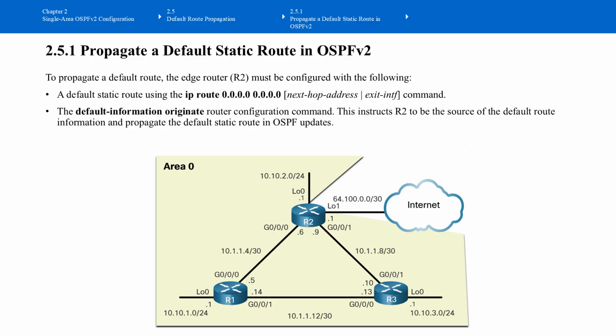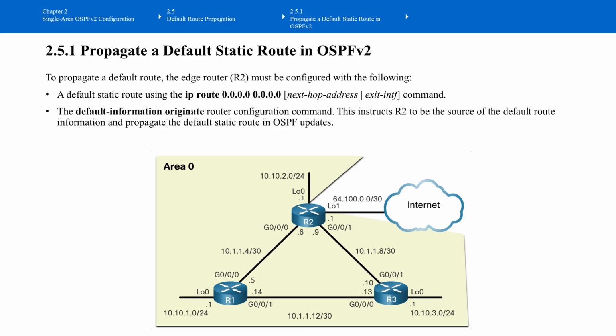To propagate a default route, the edge router R2 must be configured with the following. A default static route using the ip route 0.0.0.0 0.0.0.0 command. The default-information originate router configuration command.